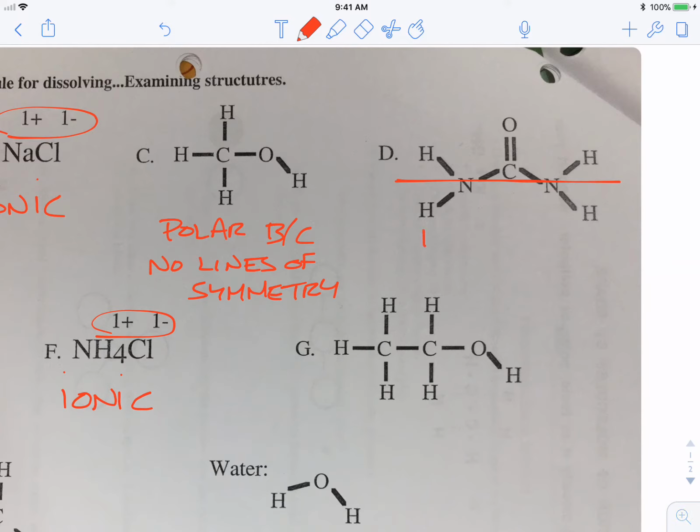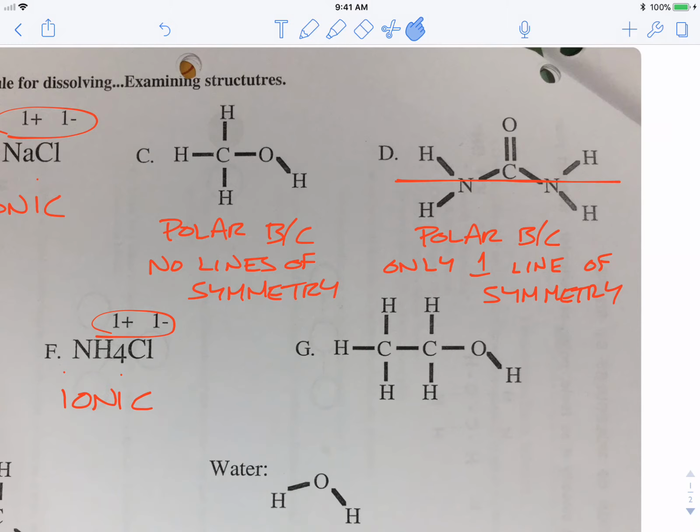So I'm going to call this molecule polar, and for the reason, I'm going to say only one line of symmetry. You need to look at it from different directions to see if the molecule has poles in some way.